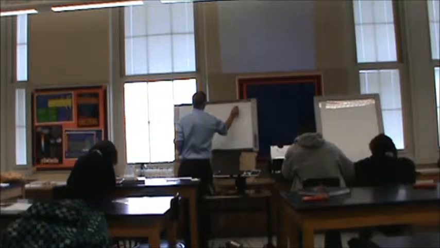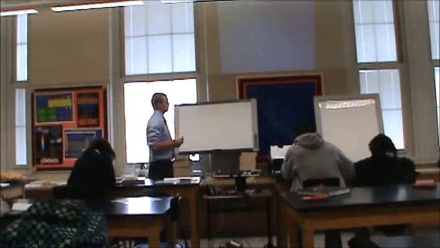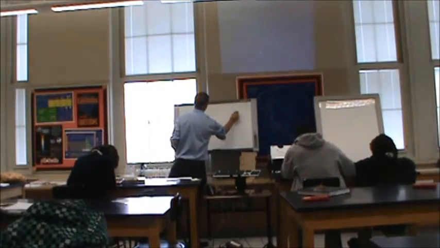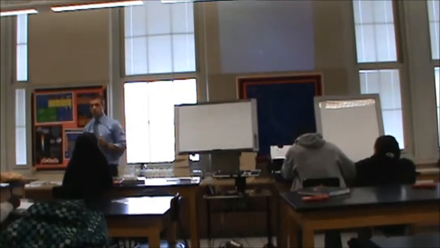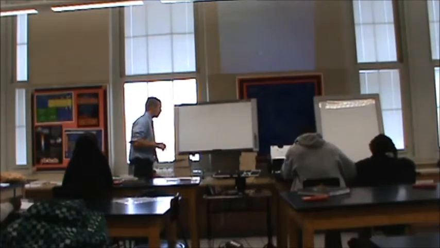You can use the first one, which is S equals 2 pi R times N, and the second one is S equals R theta. Which one do you think we're going to use for this first question? The first one, 2 pi R, right? Because we need to know the number of revolutions.